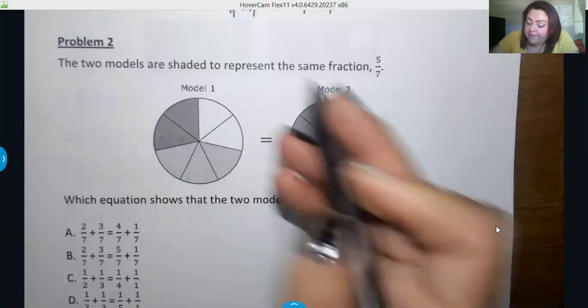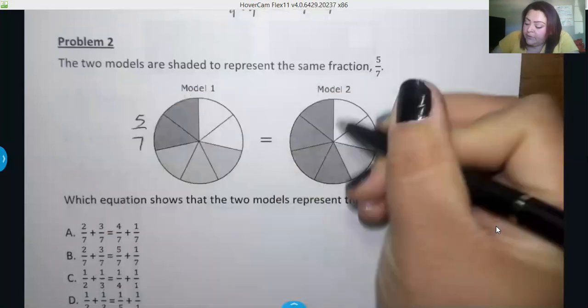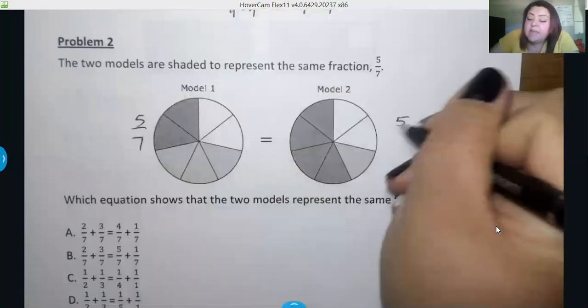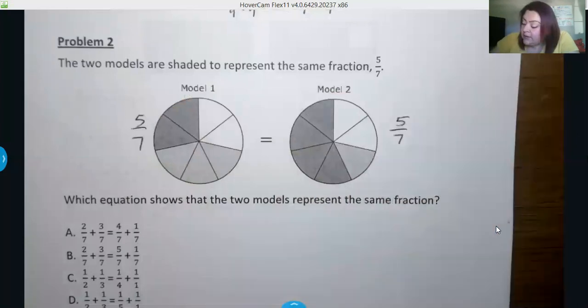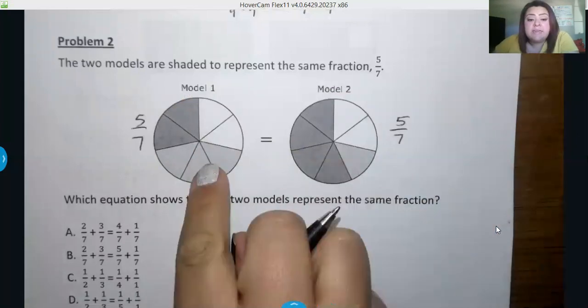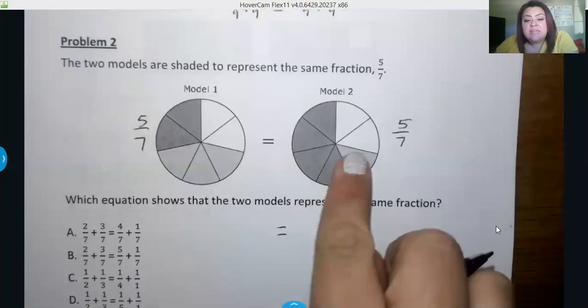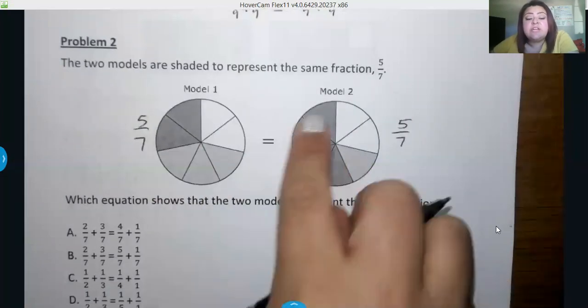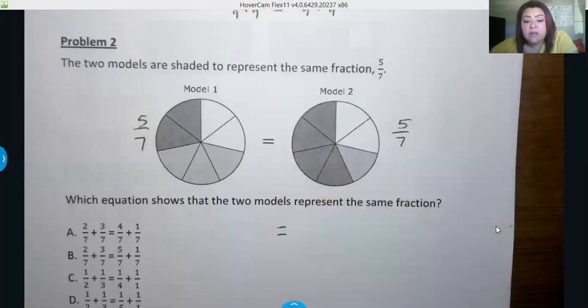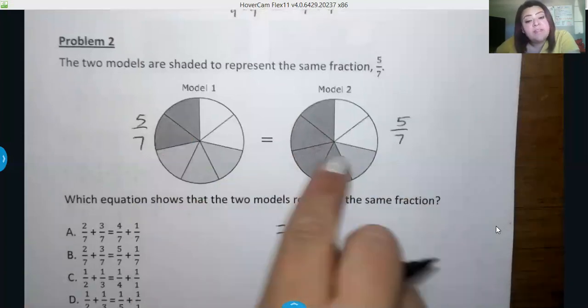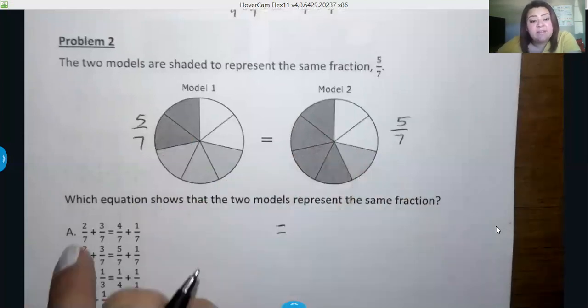Like they said, 5 out of 7. 1, 2, 3, 4, 5. 5 out of 7. Just looking at the models they gave us, do you see the color differences already? That's because they're giving you examples of what it could look like or how you should be looking for it, right? So let's break it apart based off of what they already gave us and then find that answer.